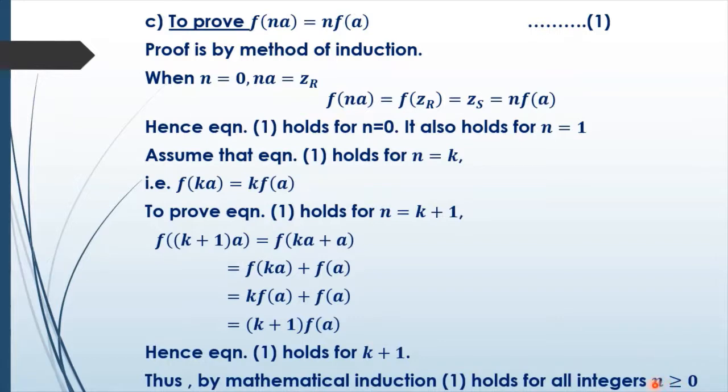But what if n is a negative integer? For that, first you shall assume that n is a positive integer and you shall prove it for minus n. We shall prove this same result for minus n, assuming n is positive.